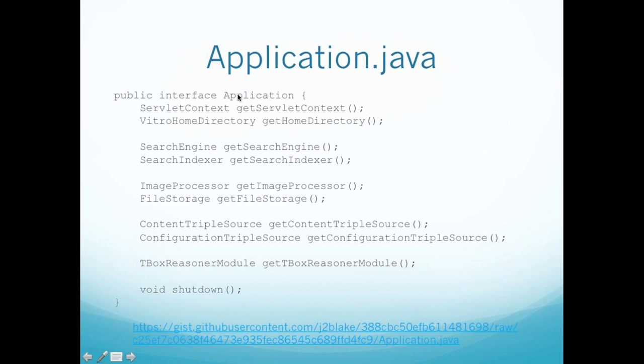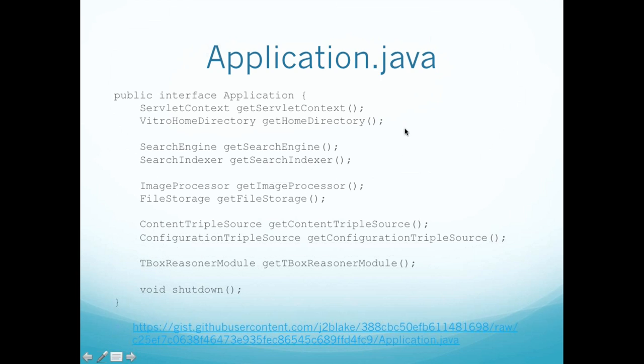But what I have here is that VIVO, over the last 2 releases, has started to become structured around a skeleton called the application. And the application has these different components attached to it. So besides the obvious ones of the servlet context and the home directory, search engine and search indexer have been separated out as 2 different chunks of code.